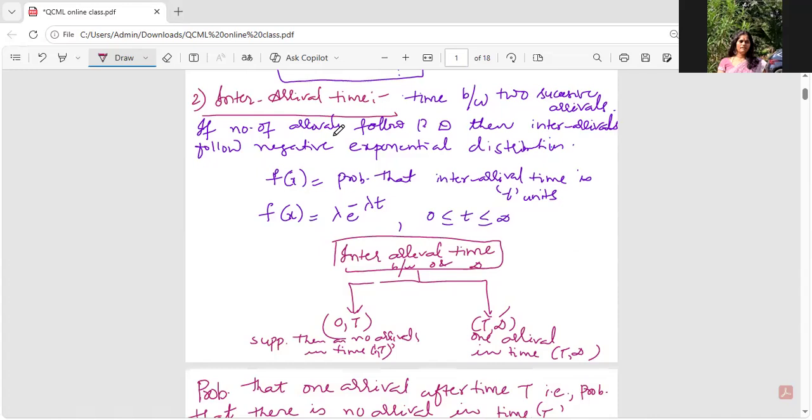So you cannot just say that every 5 minutes a person comes and joins the queue. If I say the average is 5 minutes or 8 minutes, then on an average per certain unit time, we calculate the average time at which each new person joins the queue. I hope I'm not confusing you. So f is the probability that the inter-arrival time is t units, 5 minutes or whatever, and it follows a negative exponential distribution.